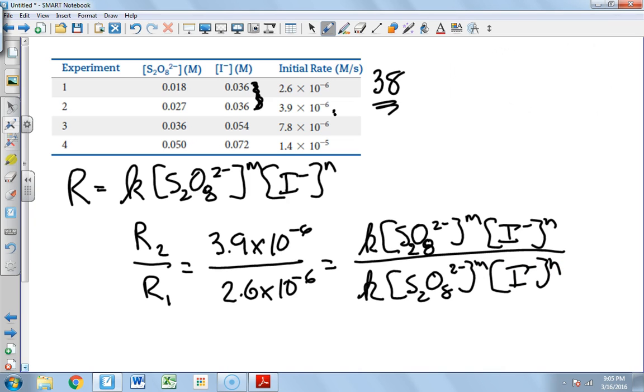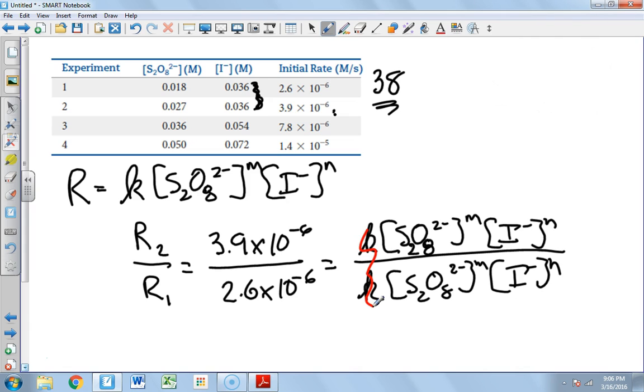Now, k is constant no matter what, so we don't have to worry about that. The only time k is not constant is when the temperature changes, and I've never seen a problem in this sort of chemistry class where the temperature changes and we have a new k and have to do something with it.